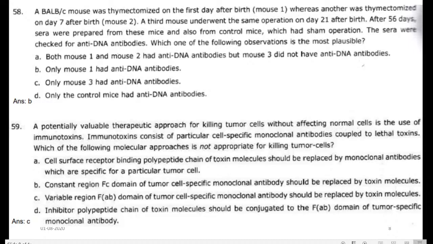Which one has the anti-DNA antibody? Only one mouse has the anti-DNA antibody. Why? In this case, the untreated mouse has the anti-DNA antibodies.